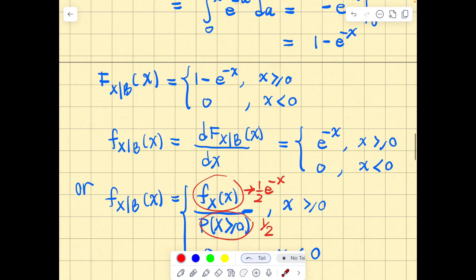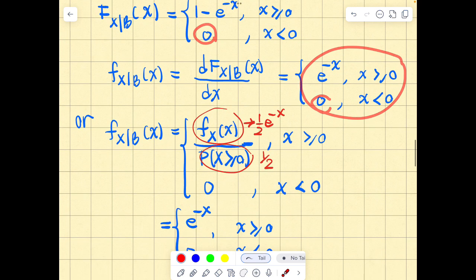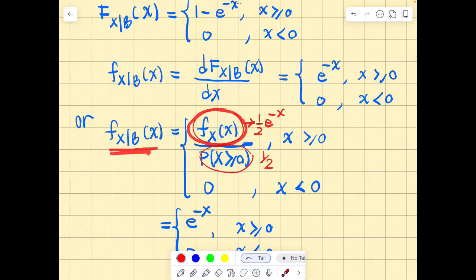Okay, you can find the conditional PDF by differentiating the CDF. So to differentiate 1 minus e to the power minus x, you get e to the power minus x. Differentiate 0, you get 0. So you end up with this. Another way of finding the conditional PDF is you take the full PDF, the unconditional PDF, which is this, divided by the probability of event B, which is equal to 1/2.